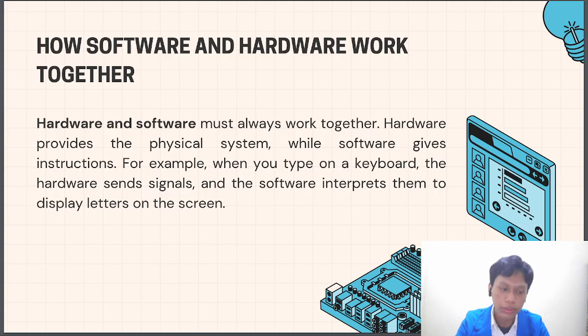To conclude this topic, software is what makes a computer functional and meaningful. From the operating system to applications, every program plays a specific role. Together with hardware, software creates a complete and usable computer system.